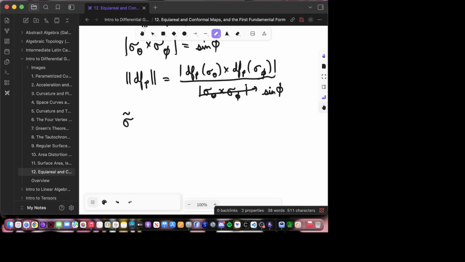Let's consider the surface patch for the cylinder, which simply becomes, if you do the calculations, sine theta cosine phi.